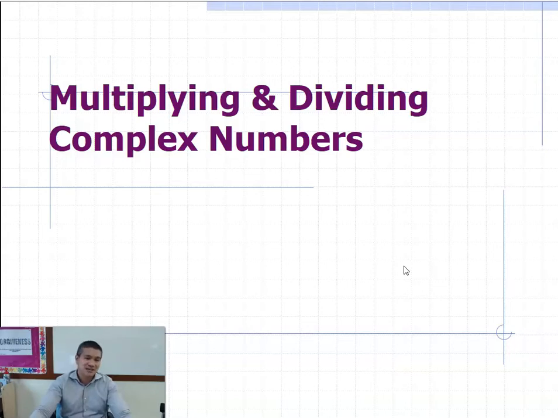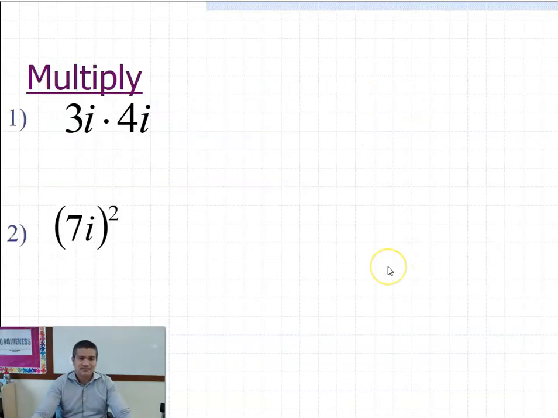Therefore, it's the same here in multiplying and dividing complex numbers. When you're going to divide, you're going to find the conjugate of it. So we'll explain that further later in our dividing complex numbers part.